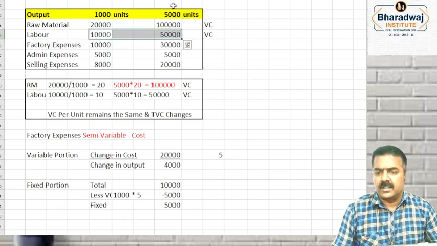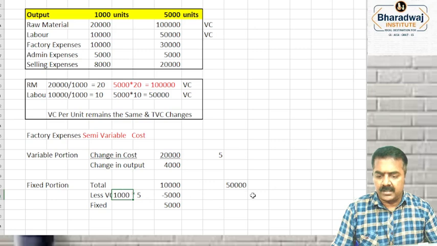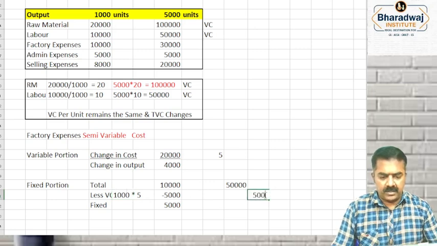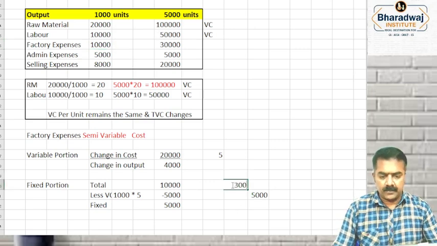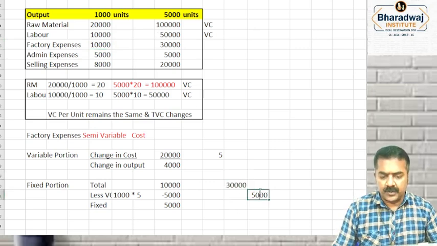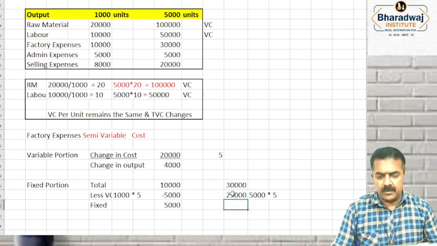You can verify with the other one also. When the output is 5,000 units, the total factory expenses are 30,000. So 5,000 units into 5, 25,000 is the variable portion.